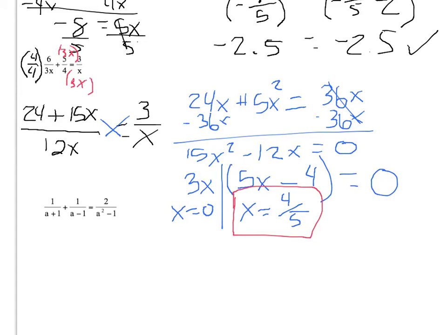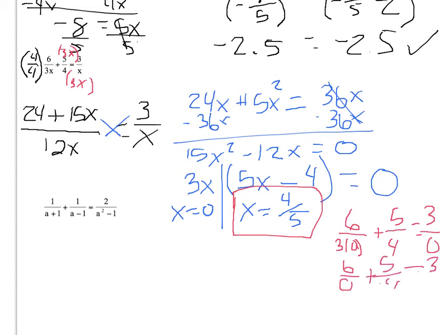Okay, when I plug in x equals 0 into my original equation, I would have 6 over 3 times 0 plus 5/4 would have to equal 3 over 0. Well, 6 over 0 plus 5/4 would have to equal 3 over 0.